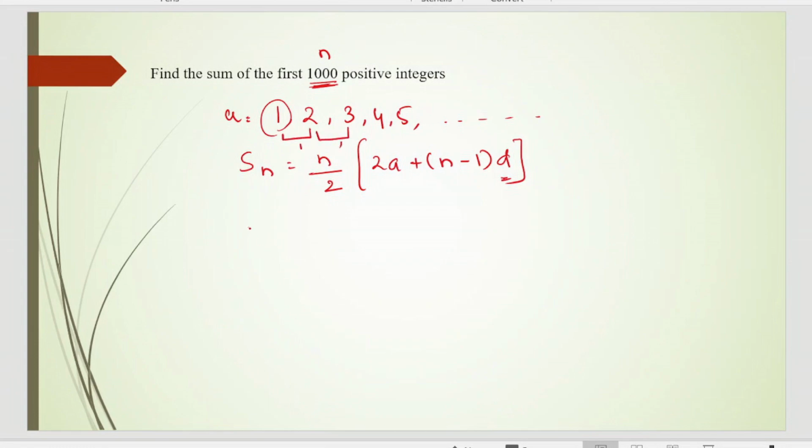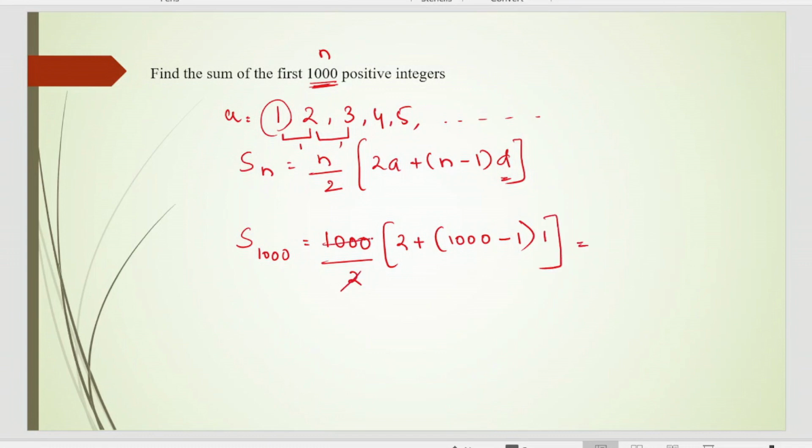So S1000 is equal to 1000 by 2 into 2 into 1 is 2 plus, what is n here? n is 1000 minus 1 into common difference 1.